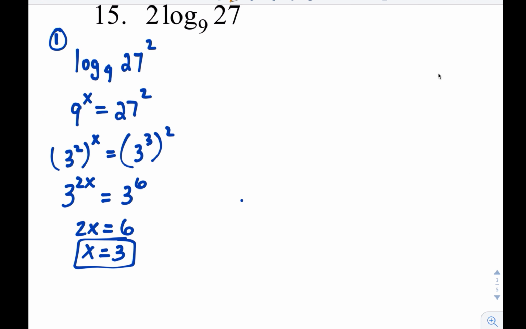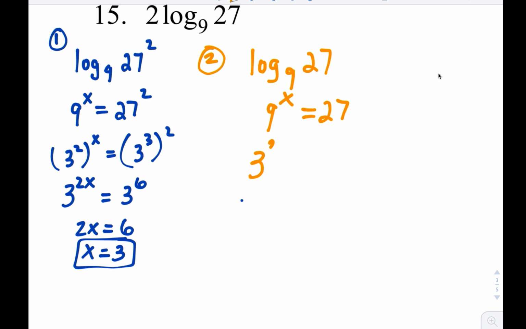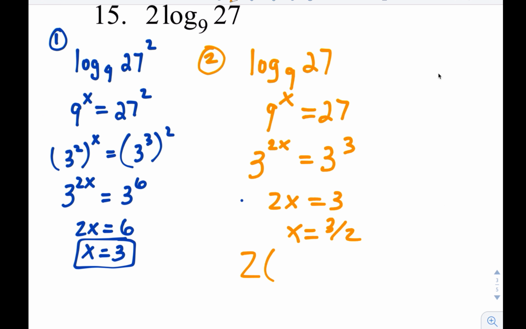Now the other way is to actually figure out what log base 9 of 27 is and then multiply your answer by 2. So you have 9 to the x gives you 27. Again, 9 is 3 squared, so you have 3 to the 2x. 27 is 3 to the third. So now you've got 2x equals 3. x equals 3 halves. Then you take your answer and multiply it by 2.